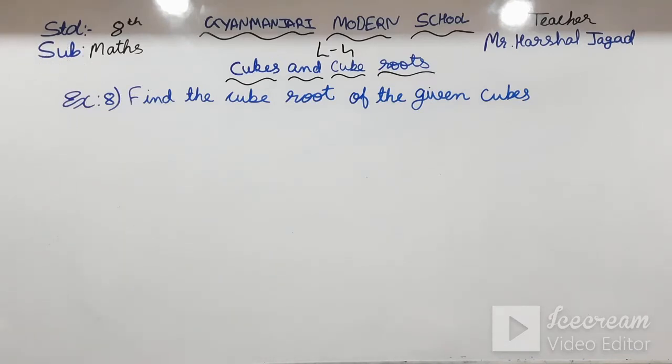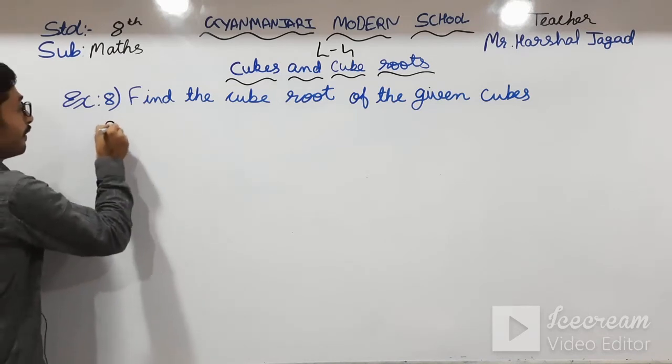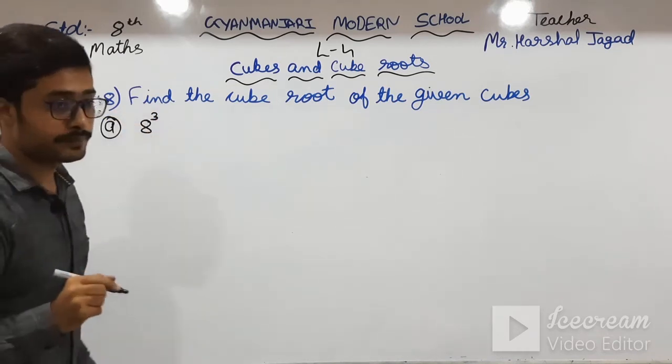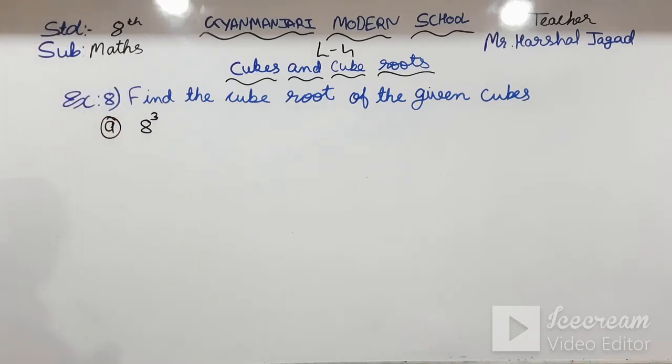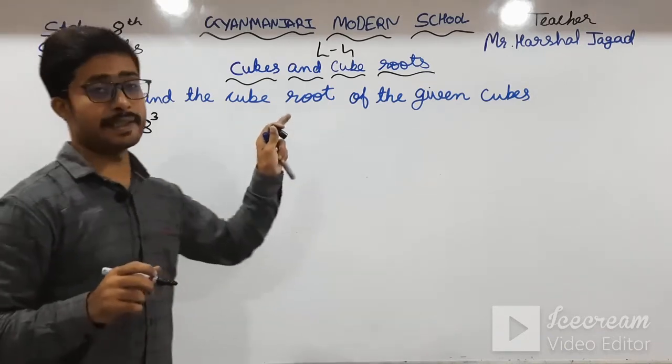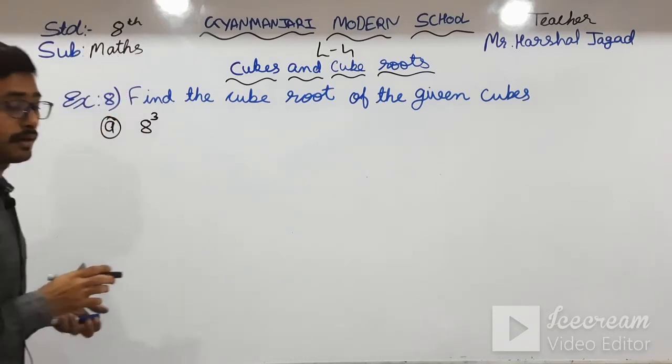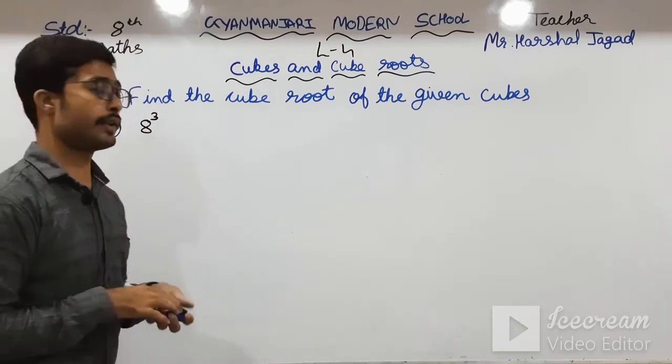So in that, the first one is A, 8 cube. Okay students, how will we find the cube root? We all know what 8 cube is, but we don't have to find 8 cube.